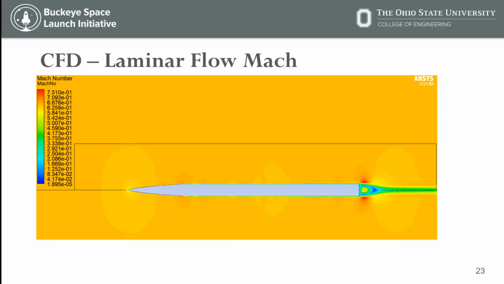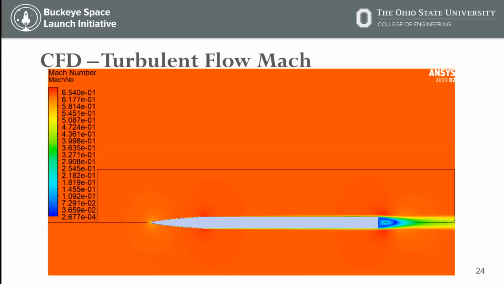Moving on to the turbulent model, you see kind of similar behavior. You see high pressure on the nose, you see acceleration over the curves, and you see separation in the back. But notice that our maximum Mach number is pretty close to the free stream at 0.65.